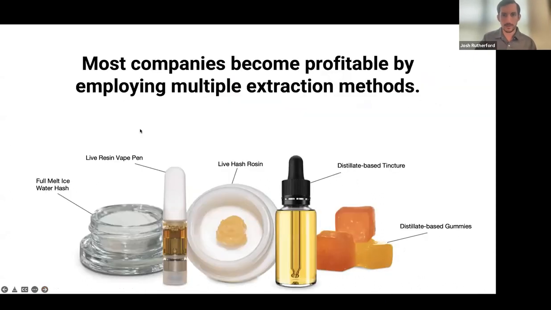Moving on, most companies become profitable by employing multiple extraction methods. This holds true so often. For my brand Cushmasters in Colorado, we took the step of being a hydrocarbon and solventless lab.